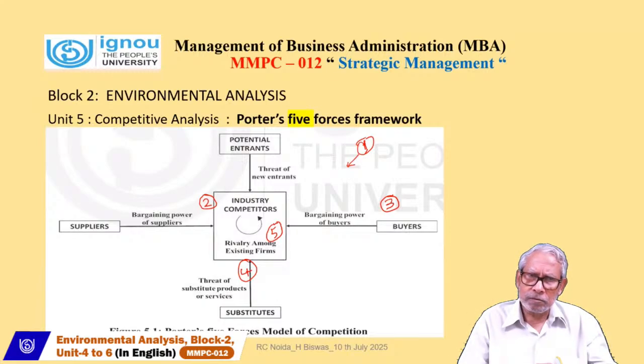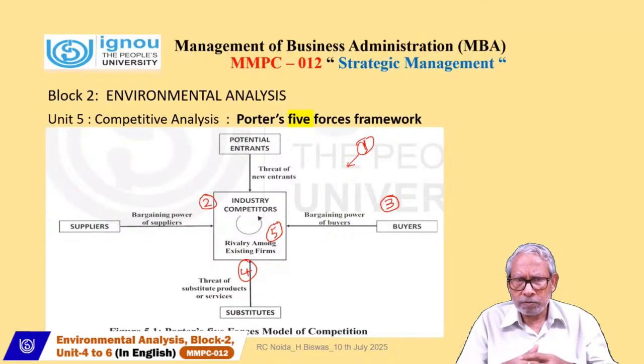Potential entrants are basically a threat sometimes, because new entrants come into the industry competitors. So this is the first part: potential entrants, you have to see what the threats and entrants are. Second, bargaining power of the suppliers. Third is the buyers' bargaining power.